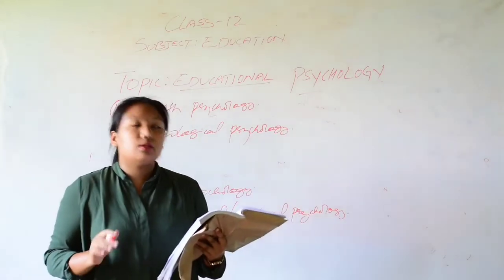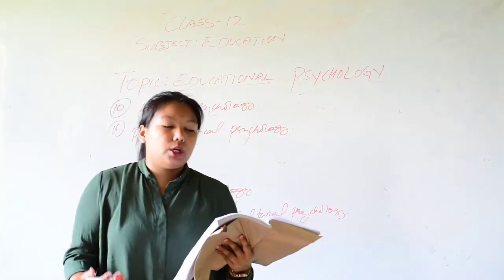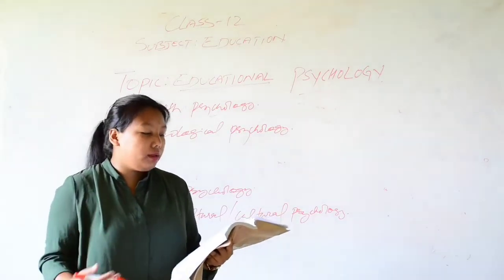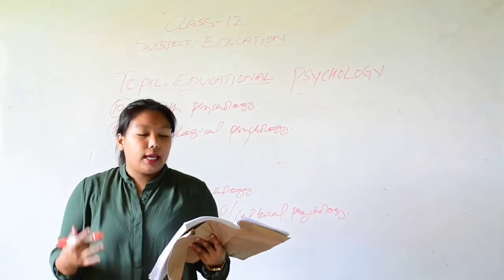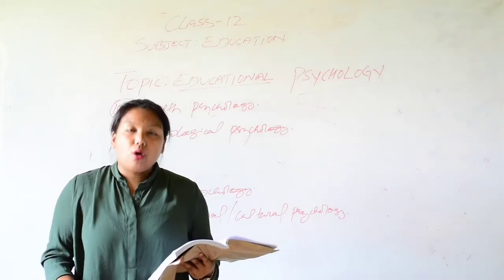Physiological psychology is a branch of psychology that describes the biological and physiological basis of behavior. It includes the brain, the nervous system, the endocrine glands, and others in relation to the cognitive and affective behaviors of human beings.